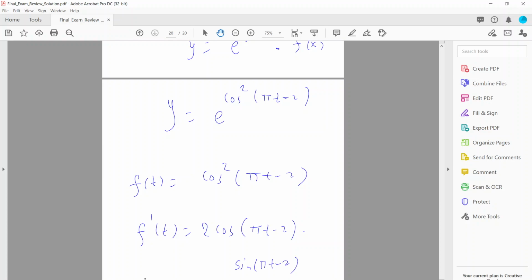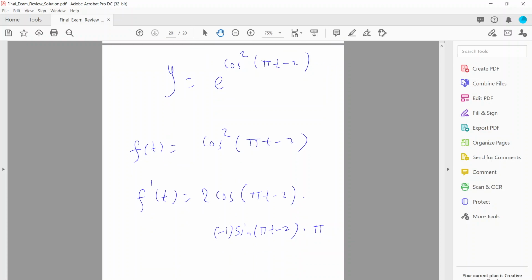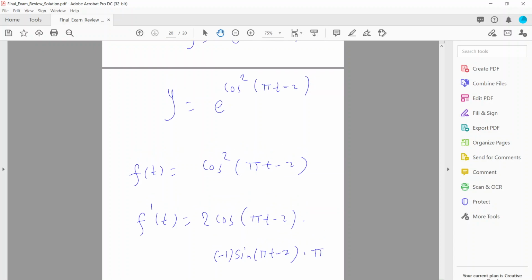But because the derivative of cosine is negative sign, so there will be negative sign, times the derivative of pi t minus 2, which is pi. So there are so many derivative units, you have to use the chain rule. So eventually the derivative of this exponent is negative 2 pi cosine and then sine.